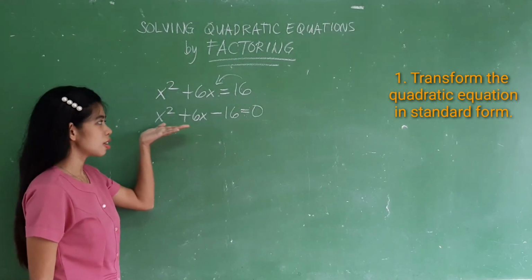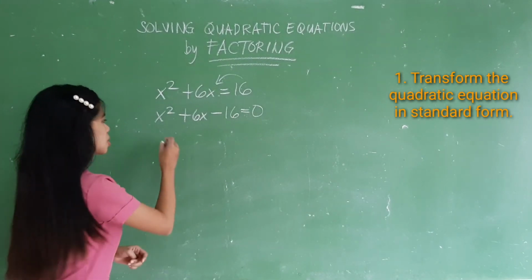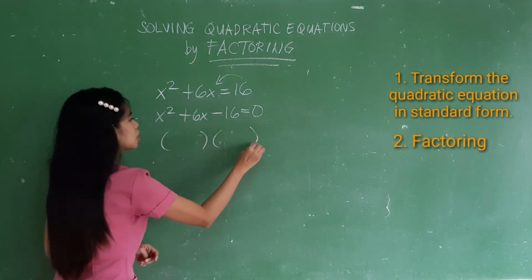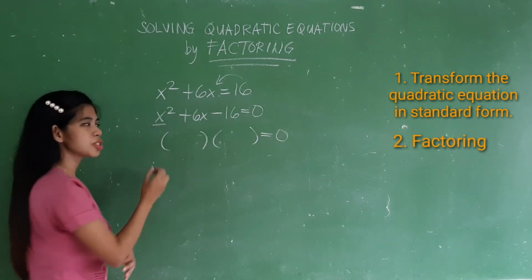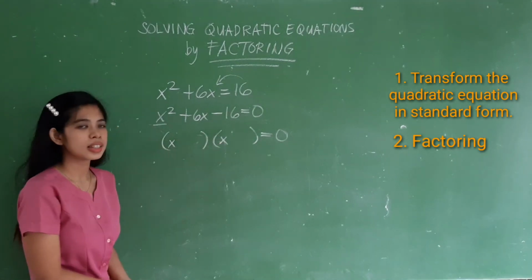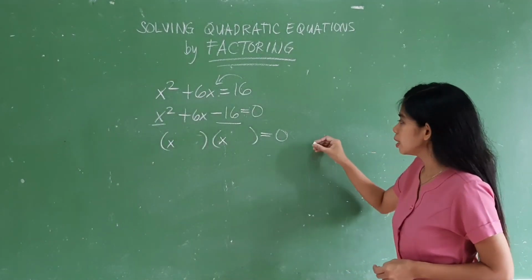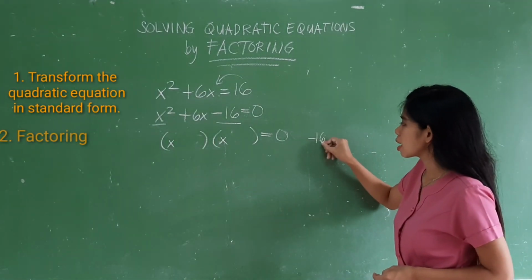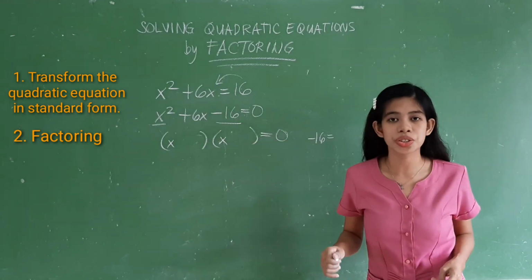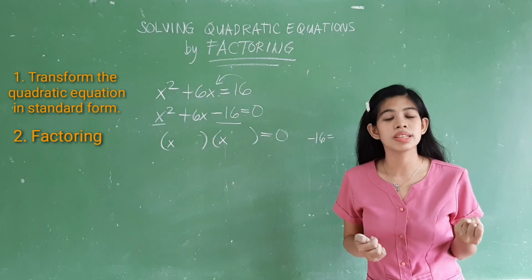Okay? Now, since this is already in standard form, we may now start factoring. So, again, we have to factor out the first term, x squared. So, that is x times x. Now, again, we have to factor out the last term, negative 16. Since this is a negative integer, the factors must be such that one is positive and the other is negative.